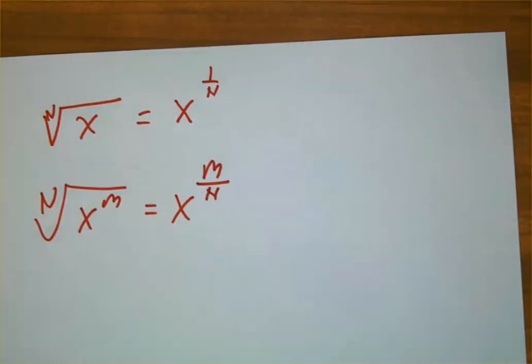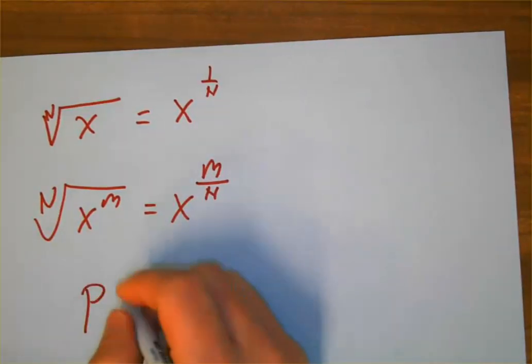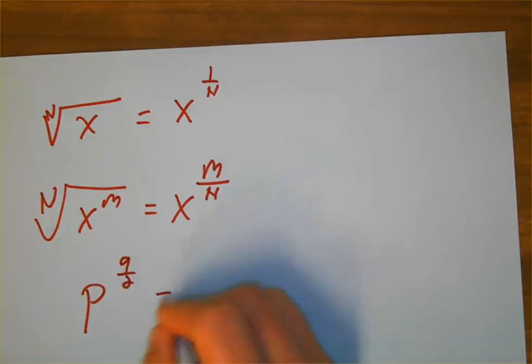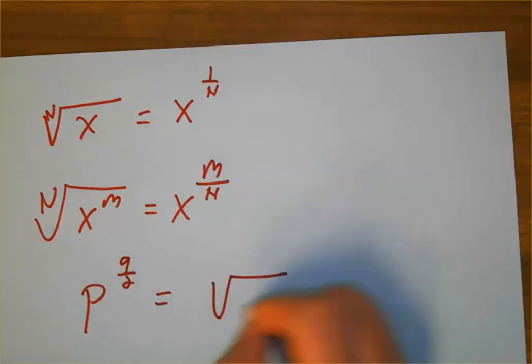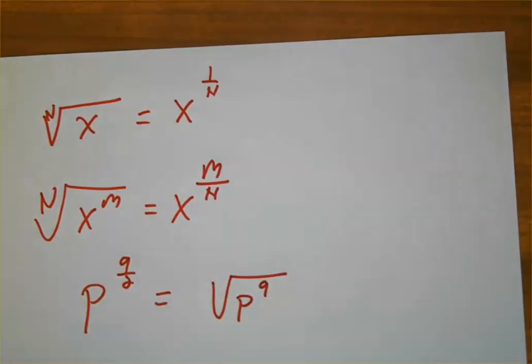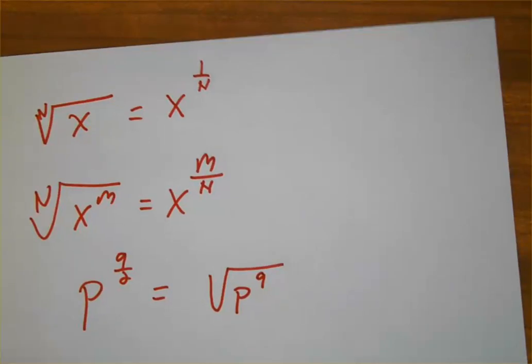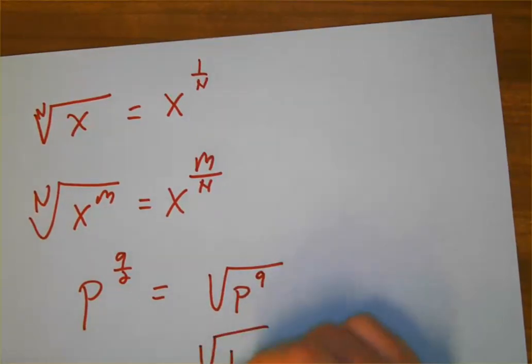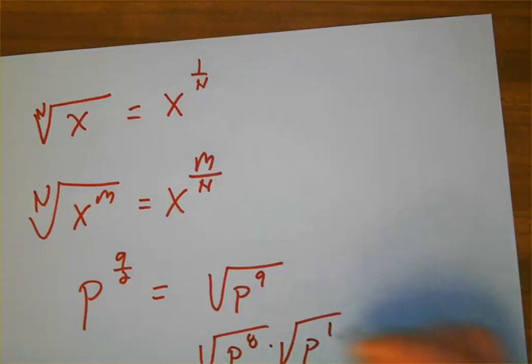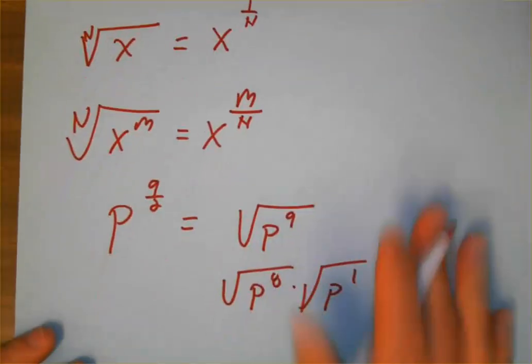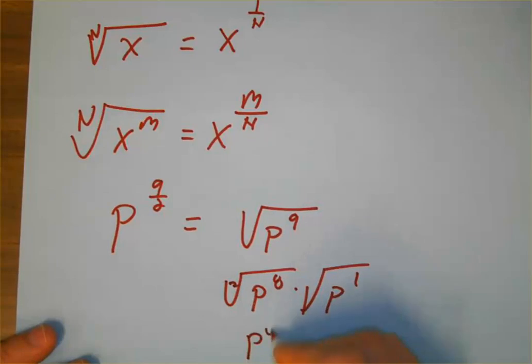What does that mean? That means if I have something like p to the 9/2, that is equal to the square root of p to the 9th. And what does that mean? Then I can break this down to the square root of p to the 8th times square root of p to the 1st. The 2 goes into 8 4 times, so p to the 4th radical p.